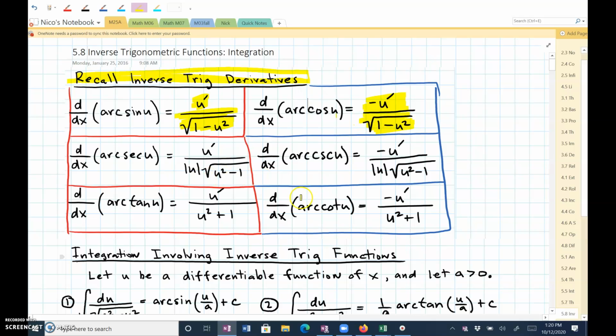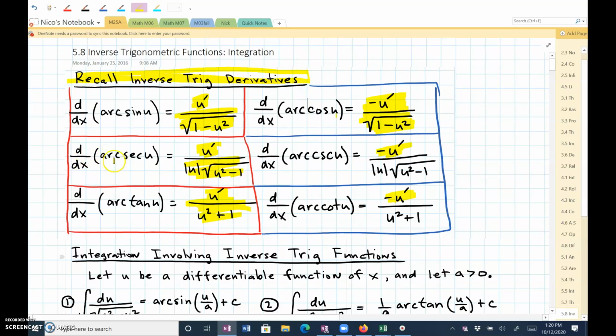And that's going to be true for all of these cofunctions. All of the cofunctions, cosine, cosecant, cotangent, are going to have a negative u prime, whereas arc sine of u, arc secant of u, and arc tangent of u are all going to have a positive u prime. But everything else is going to be the same.